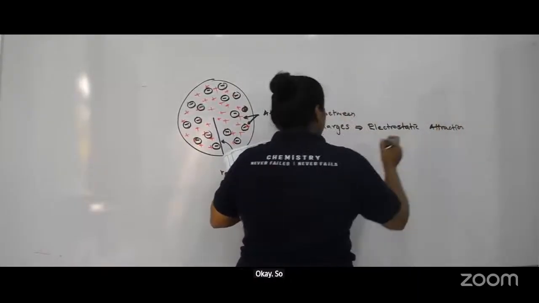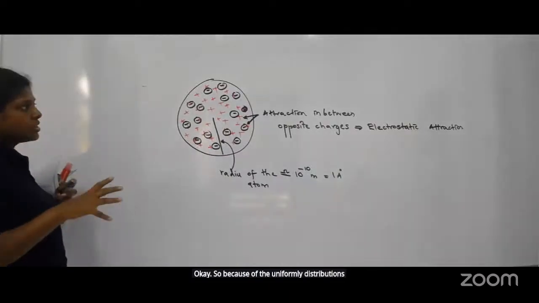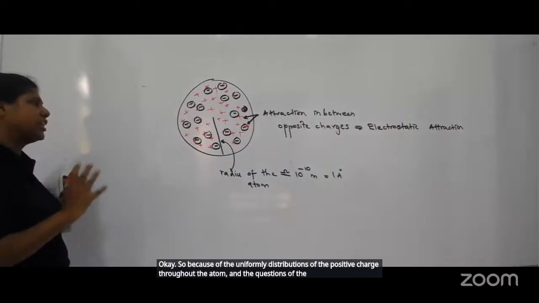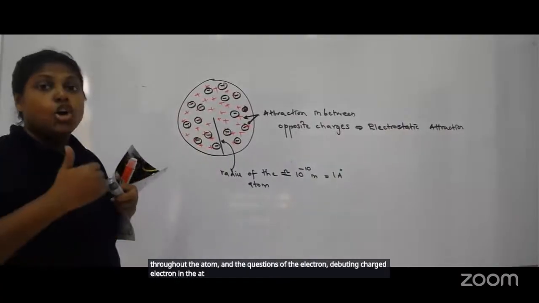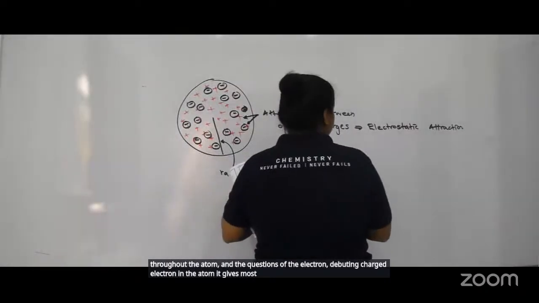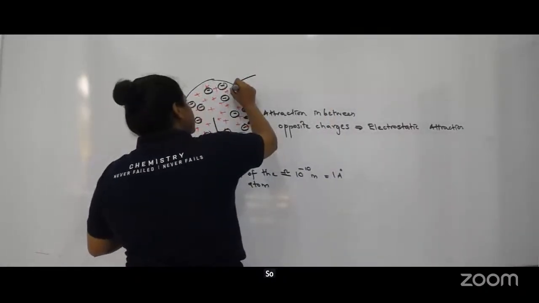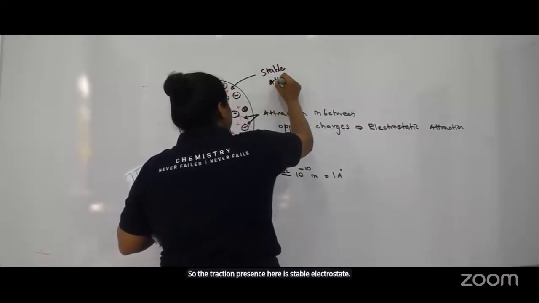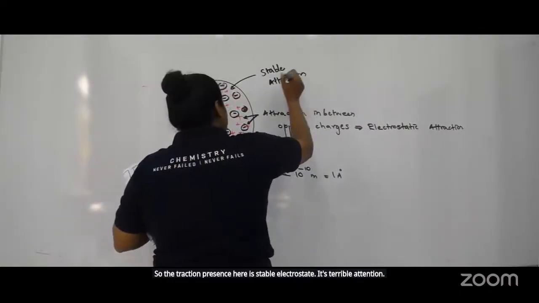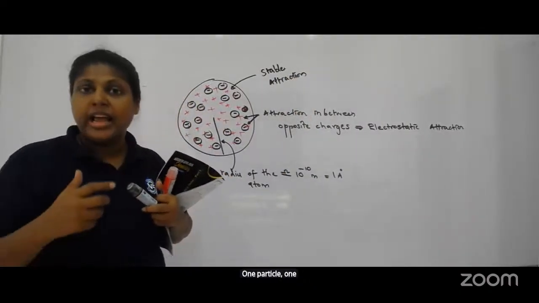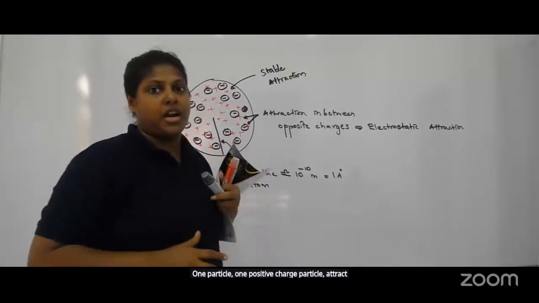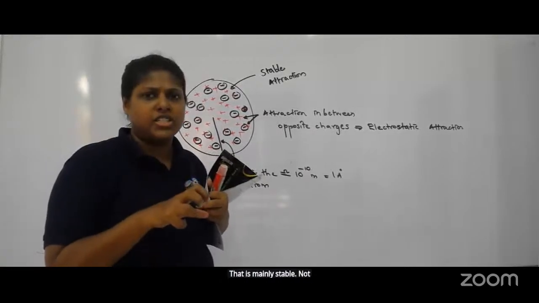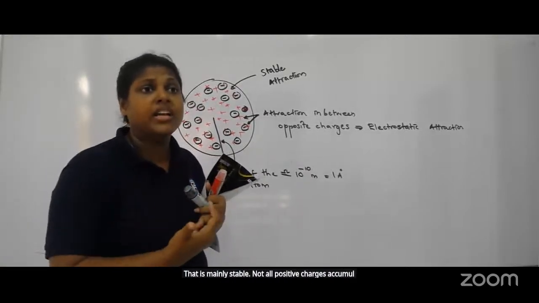So because of the uniform distribution of positive charge throughout the atom and the positions of the negatively charged electrons, it gives the most stable arrangement, not unstable. So the attraction present here is stable electrostatic attraction. One positive charge particle attracts one negative charge particle. That means stable. Not all positive charges accumulated around one negative charge.